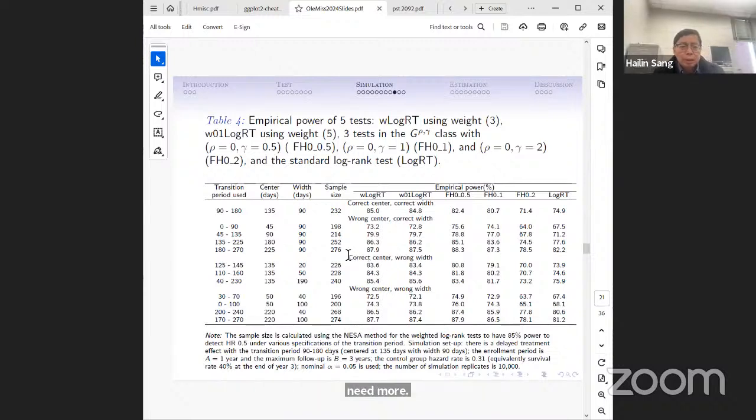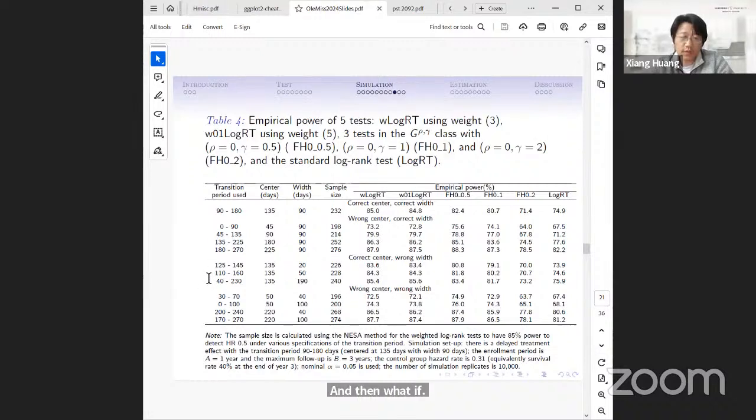And then what if you try three other transition periods, where we have the correct center, but the width is different? In that case, we can also use our numerical method to calculate the sample size.